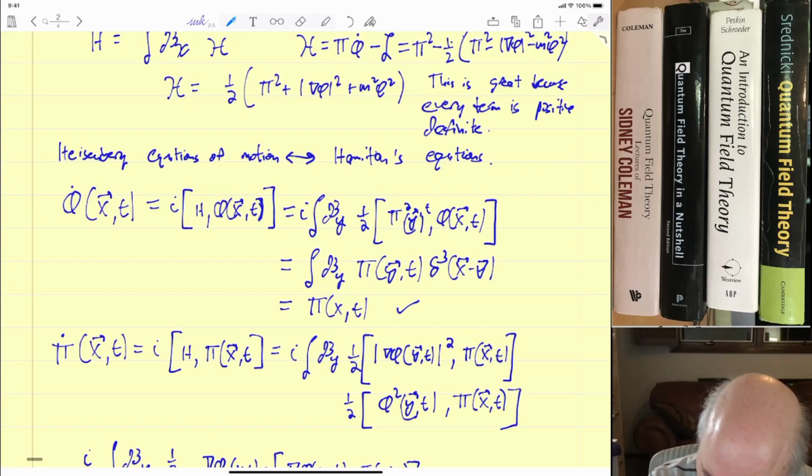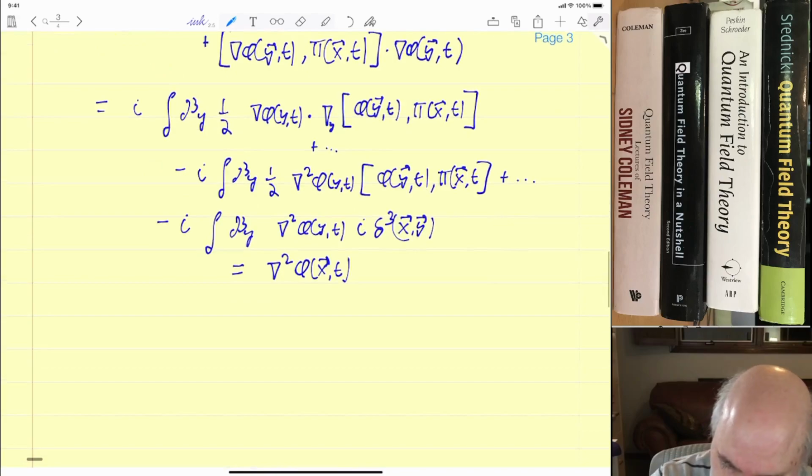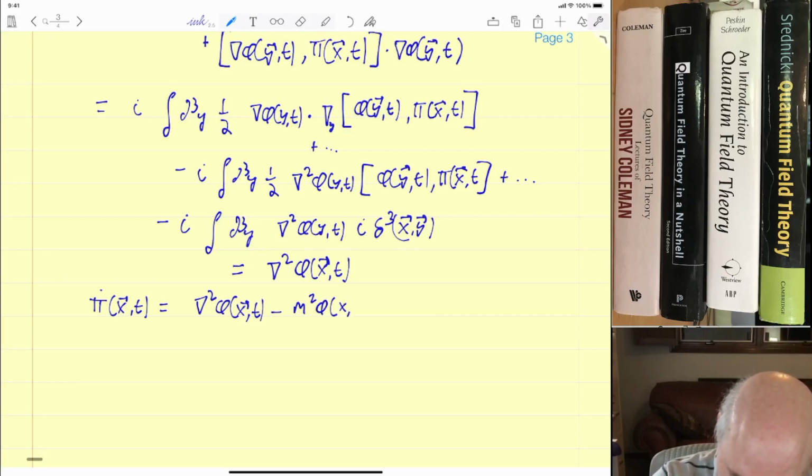Okay, this should be an m squared. So now I'm going to get the total thing: pi dot of x comma t is equal to del squared phi of x comma t minus m squared phi of x comma t.